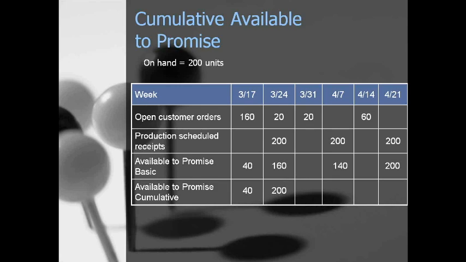And it carries this calculation through to 4/7. It just keeps adding whatever is uncommitted at the time those production runs come in, and it finishes up with 4/21.